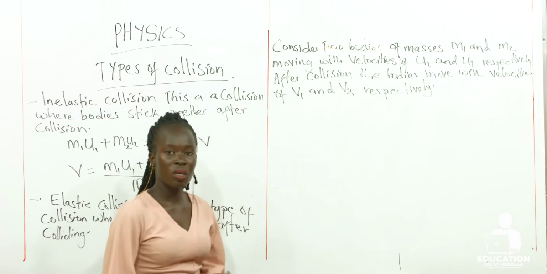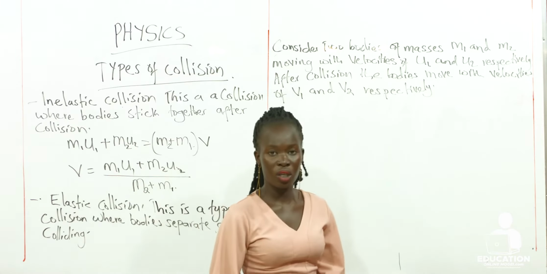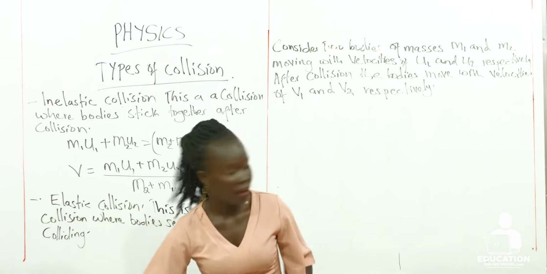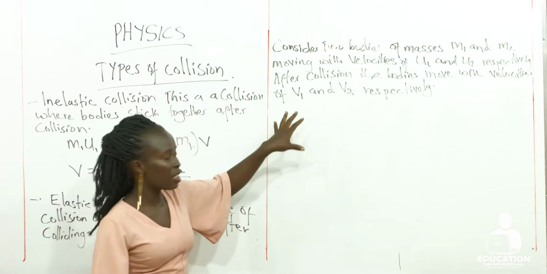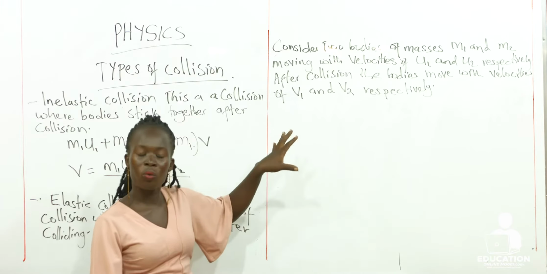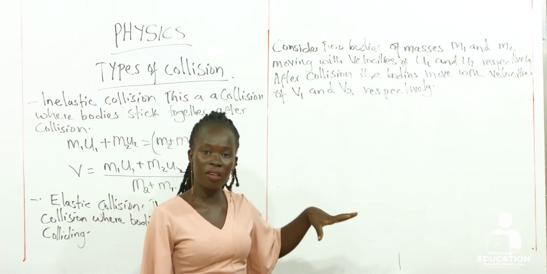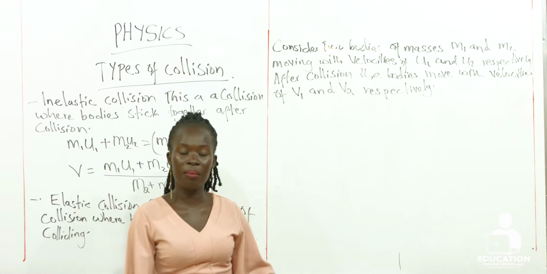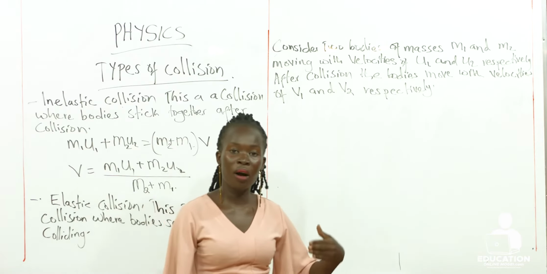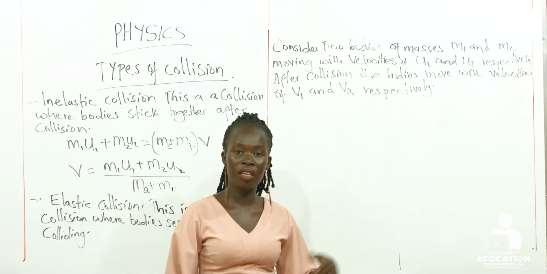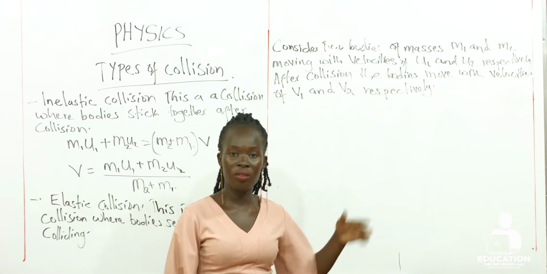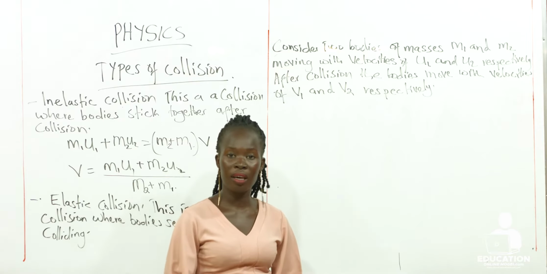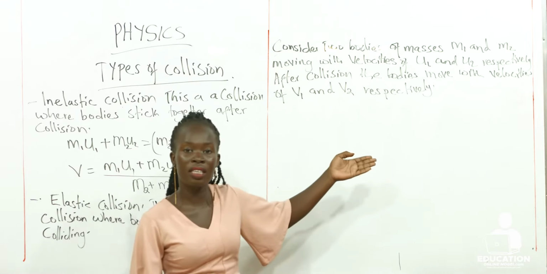So we say that with elastic collision, they conserve linear momentum. Let's first consider their momentum before collision. At what rate were they moving? What was the momentum of the first body, where the mass is m1, before crashing into the second body? The second body was also already moving, because we have velocity there.